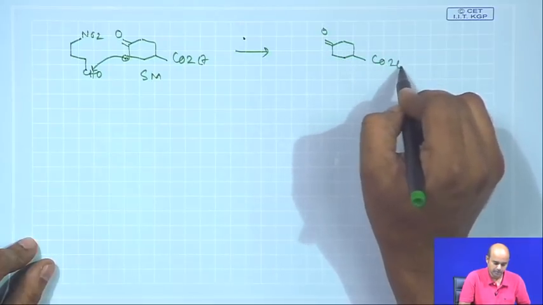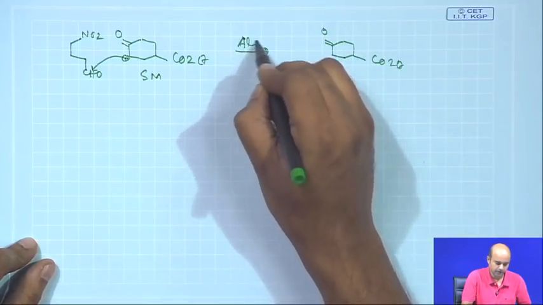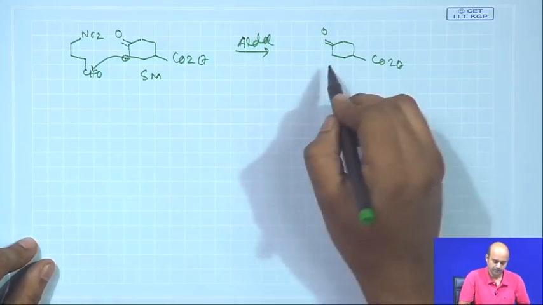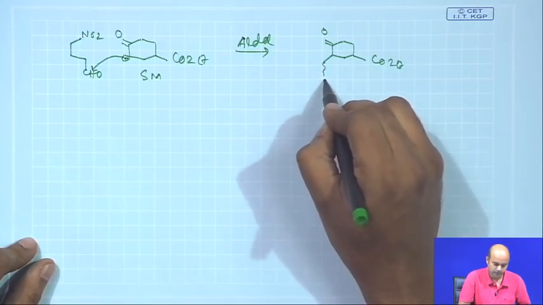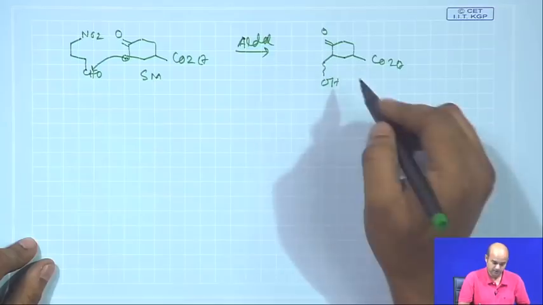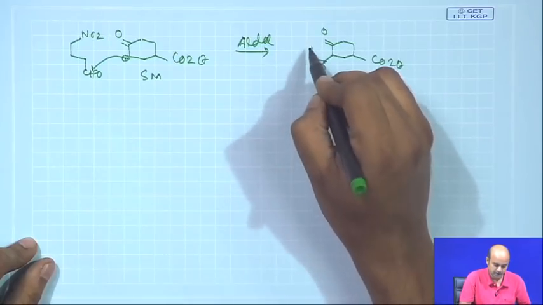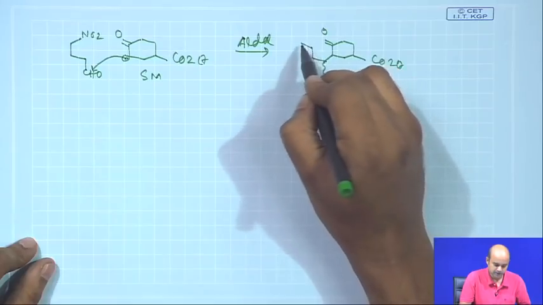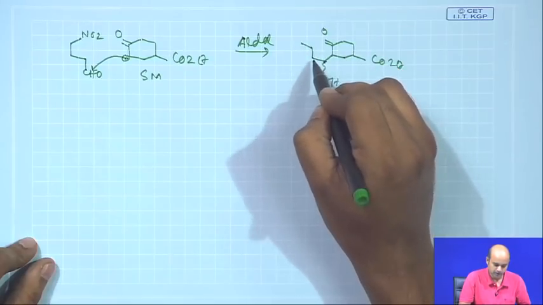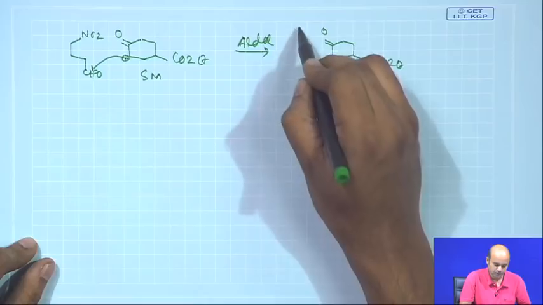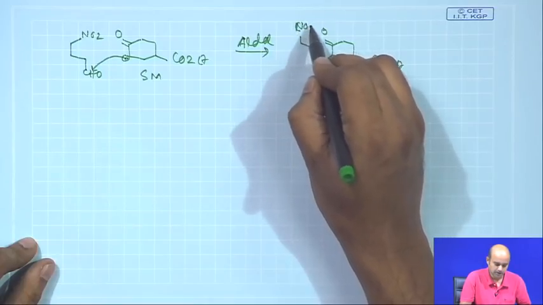The NO2 remains here. So, we have this first aldol. Now, here you have this OH, which will be the OH which we require at the later stage. So, 1, 2, 3, 4, we are having the nitro.